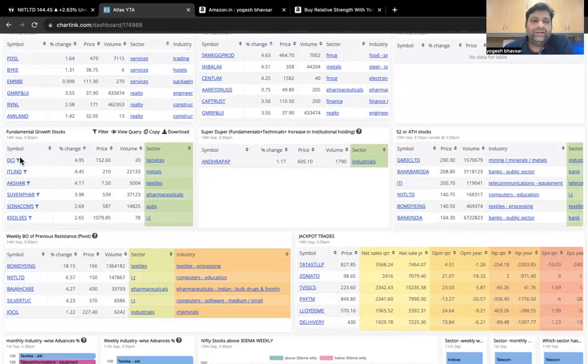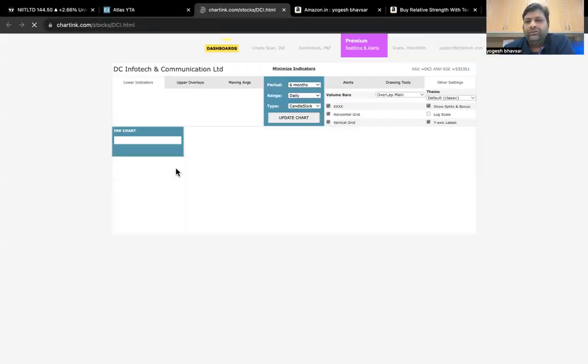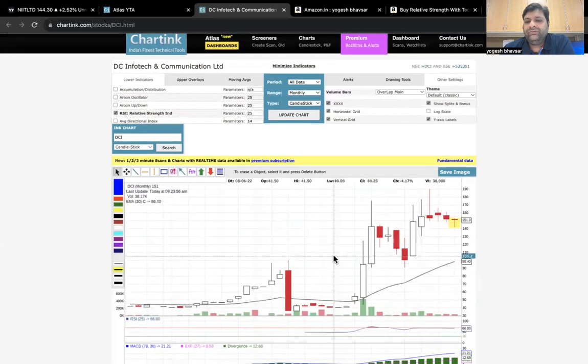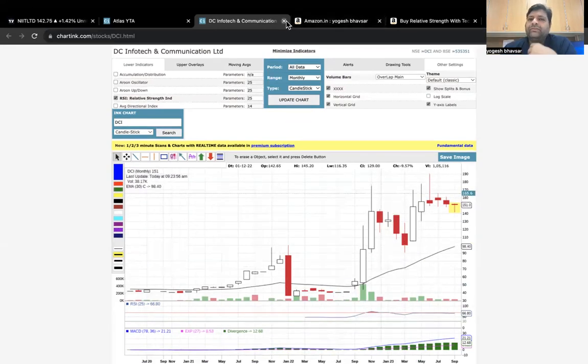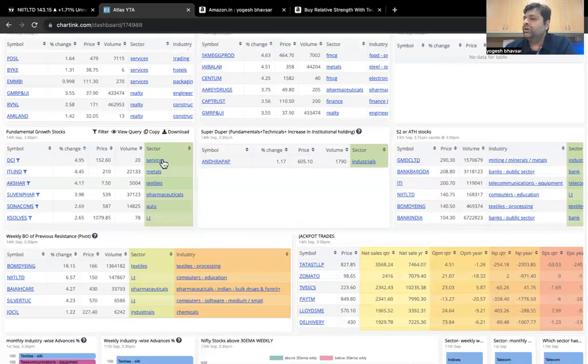So if we just see a little bit of DCI, DCI is fundamentals. If this area breaks, I can keep focus only on fundamental stocks. Technical stocks keep coming up every single day. Fundamental ones don't come up that regularly, because the numbers have to match.